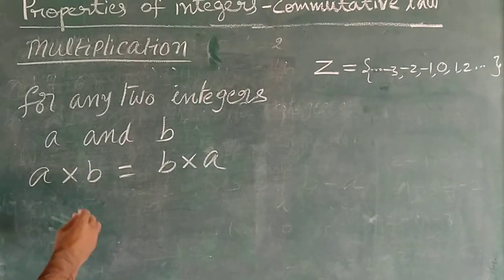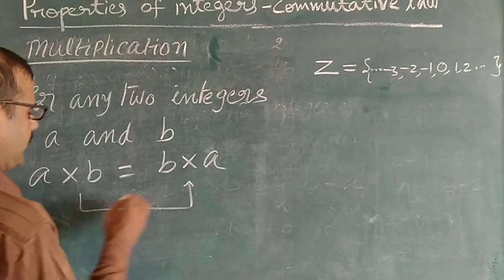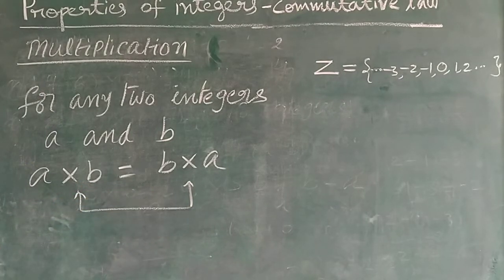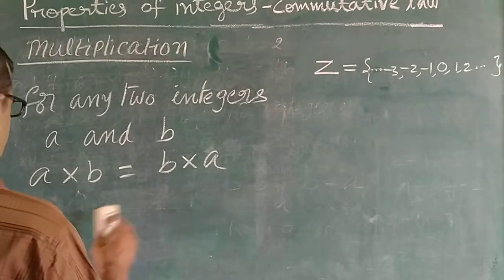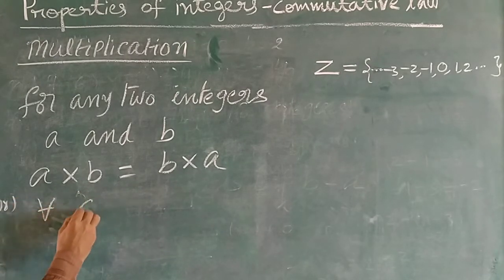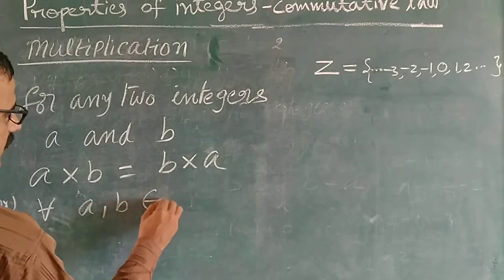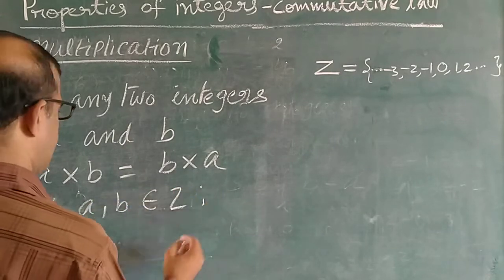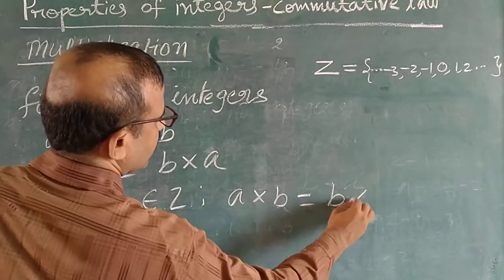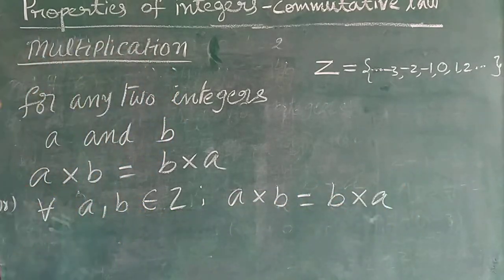So whenever you take like this, A into B is always equal to B into A. This can also be written in shortest notation: for all A, B belongs to Z, A into B equals B into A.